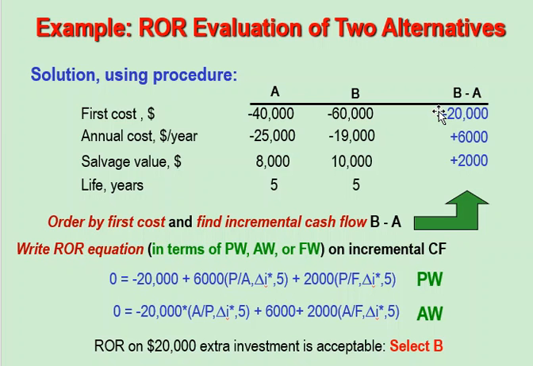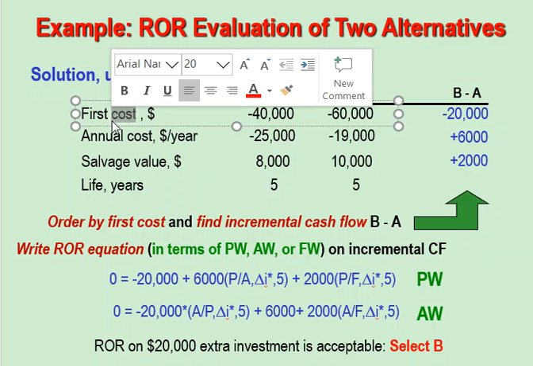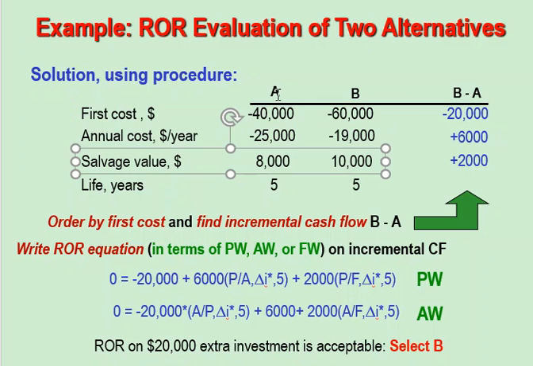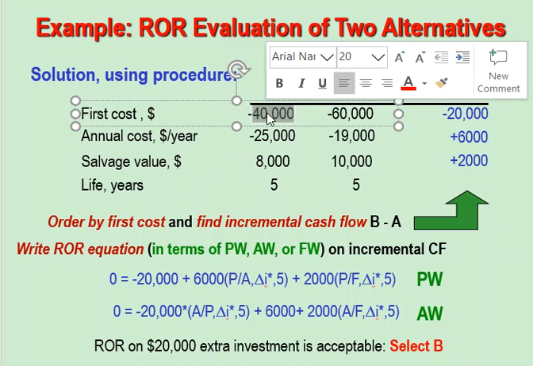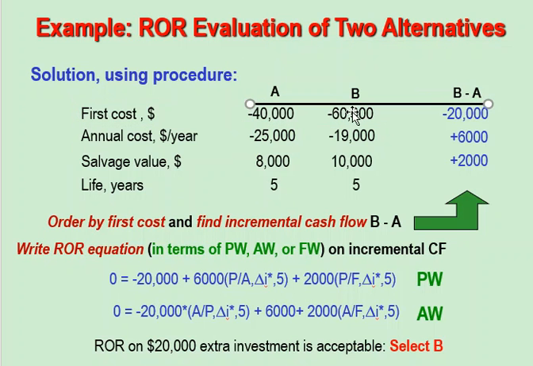I compare two alternatives adjacent to each other. Here I have A and B. So I always put my alternatives in order based on what? Based on first cost. So I put A here and all its payments, because the first cost of A is less than the first cost of B.